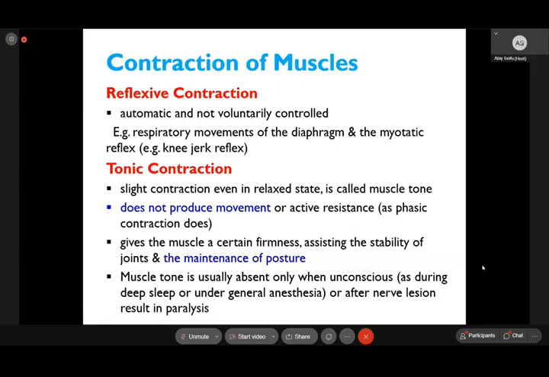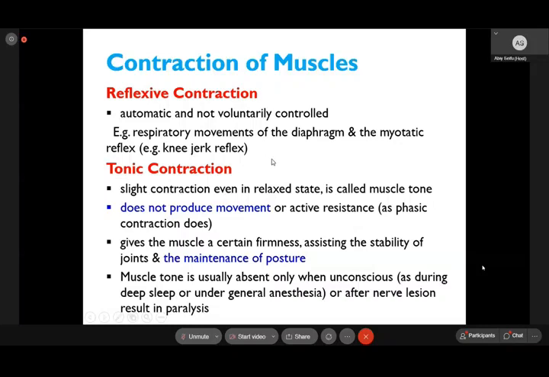So respiration can take place, and it is controlled by the autonomic nervous system, which is not voluntary. Whereas the tonic contraction is at the rest state.